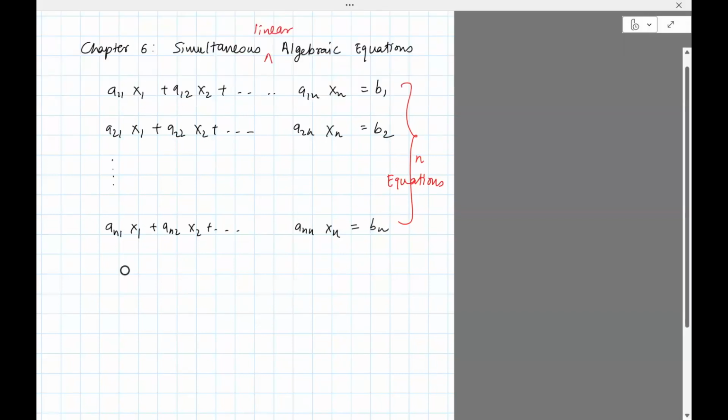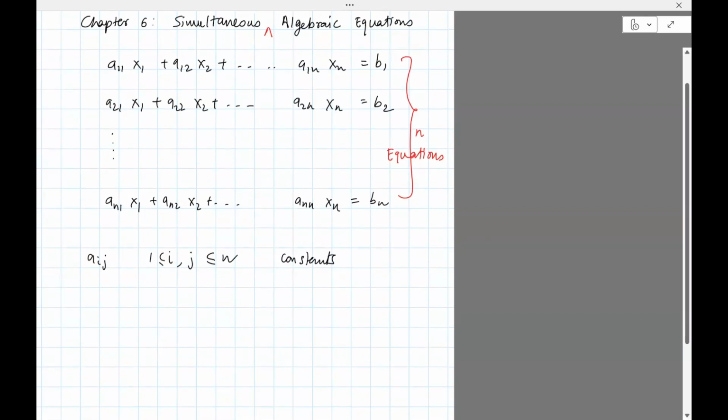What are some of the things in the equations? We have aij, where i goes from 1 to n, like a11, a12. j also goes from 1 to n. These are constants. Similarly, we have bi, where i goes from 1 all the way to n.